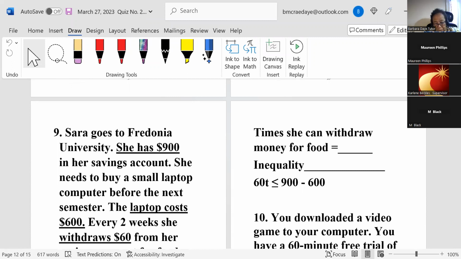Yeah, because that's how you got the 5, right? Yes. So 60 times t less than or equal to 300, and then 300 divided by 60 gives you 5. But your inequality has to have the 60 times a variable, which is the number of times that she can withdraw the money.